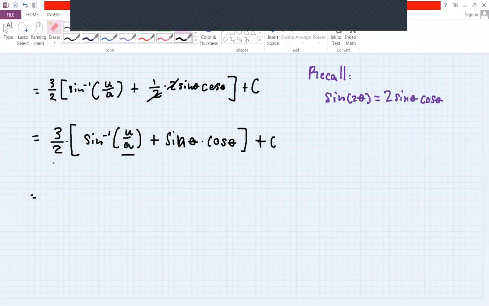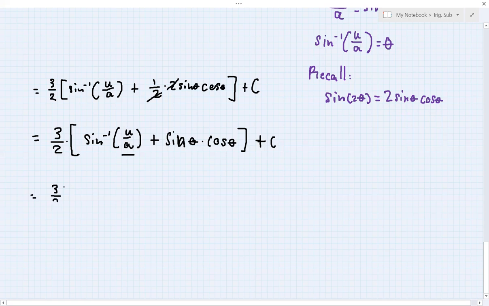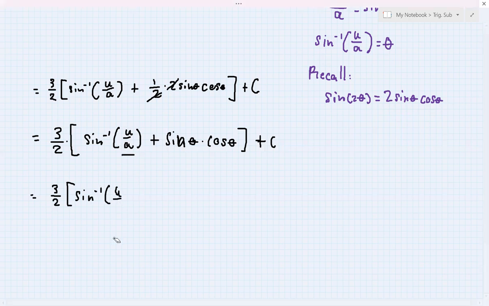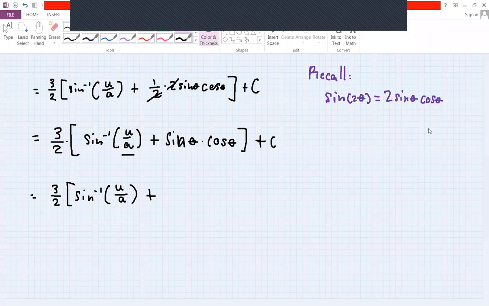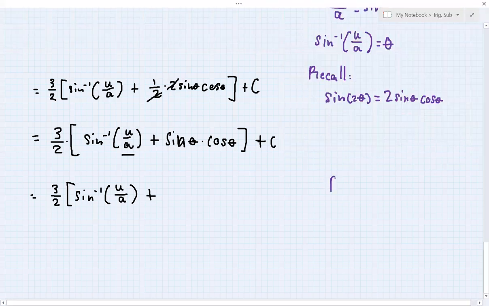Okay, yes. So, ilagay ko rito ha. 3/2 times arc sine of u over a. And plus. Itong arc sine na to. Let's have a recall. Okay, recall natin ha. Recall that u over a is equal to sine theta.